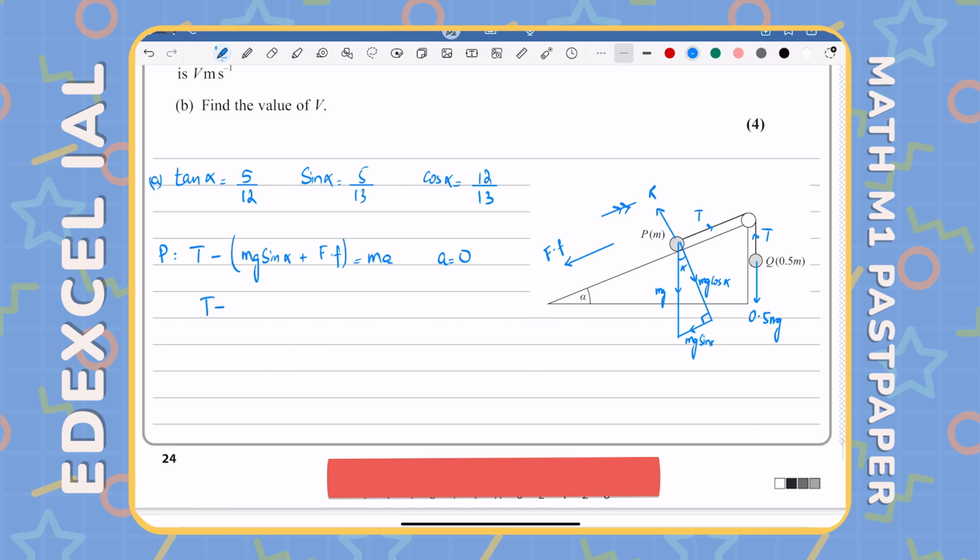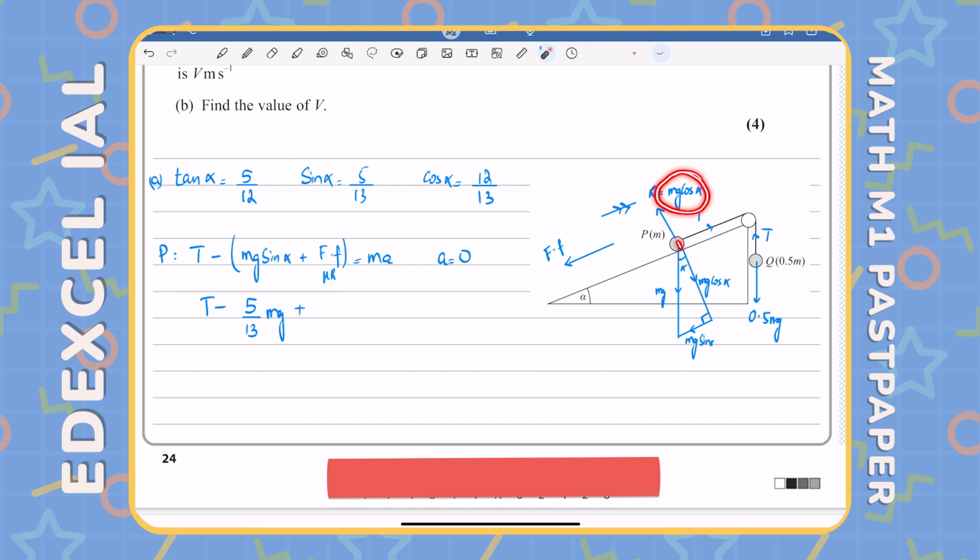Okay, so that means we have T minus, since sine alpha is 5 upon 13, so 5 upon 13 mg, plus the frictional force, which is equal to mu times R. And by the way, R will be equal to mg cos alpha. Okay, because it's in equilibrium and there are no other forces that have perpendicular components.